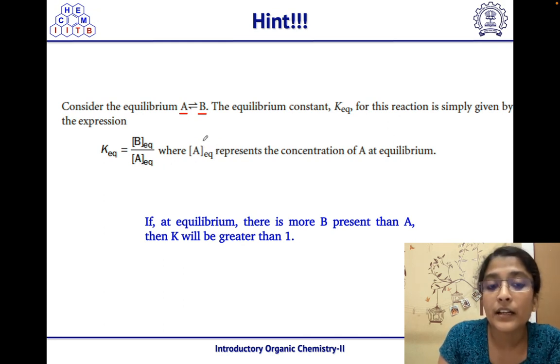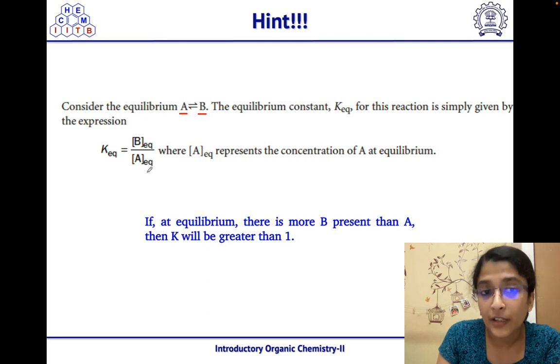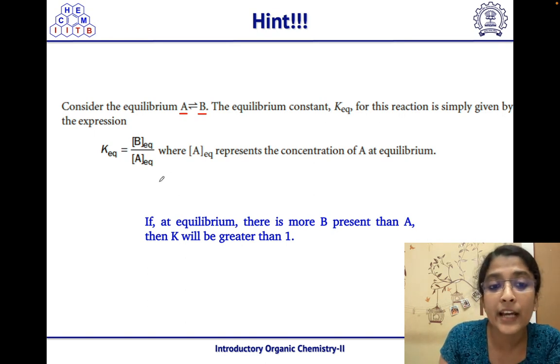Here this represents the concentration of A at equilibrium. At equilibrium, if the concentration of B is more, that means KEQ will be greater than 1. In our question, they have asked for cases where K equilibrium will be less than 1.